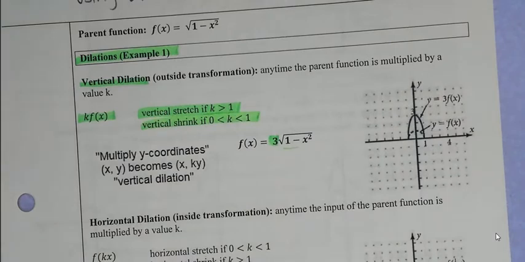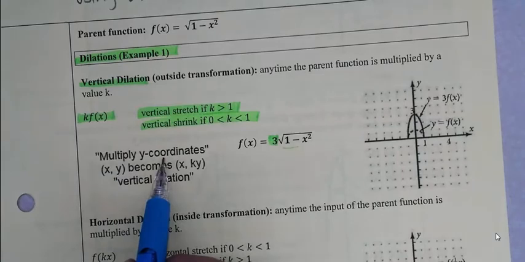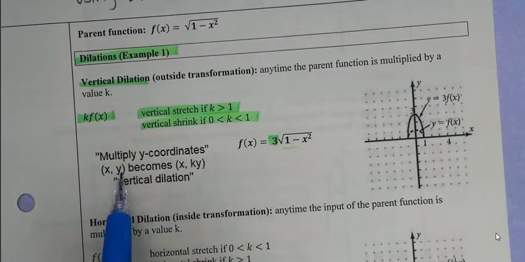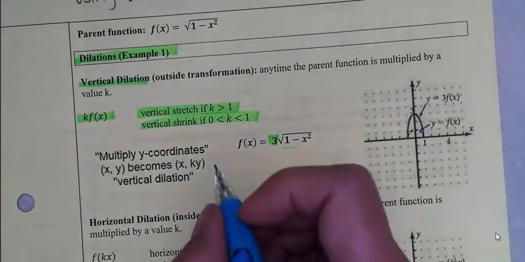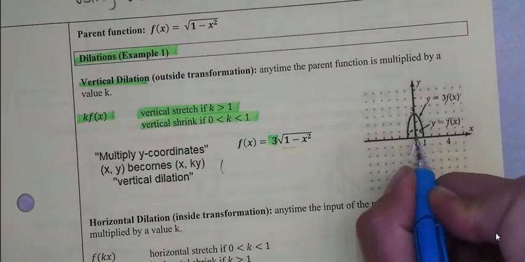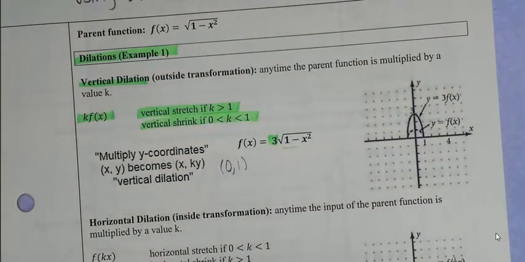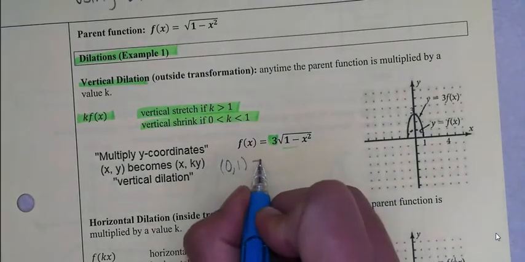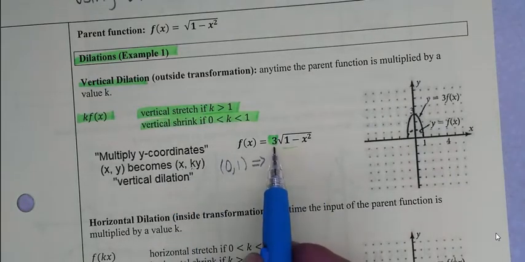And the way that you get your outputs, you're going to take your y coordinate. So originally you have (x, y). You're just going to multiply the y coordinate, so it becomes (x, ky). So for example here, one of my points in my parent function was (0, 1). And then I took that output, and my output is getting multiplied by that dilation factor.